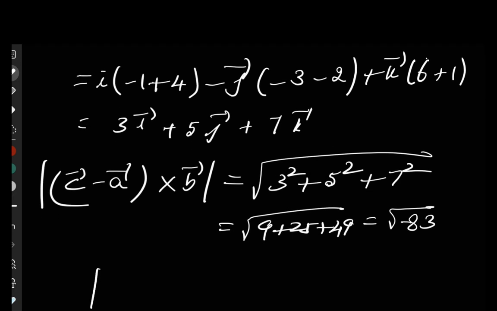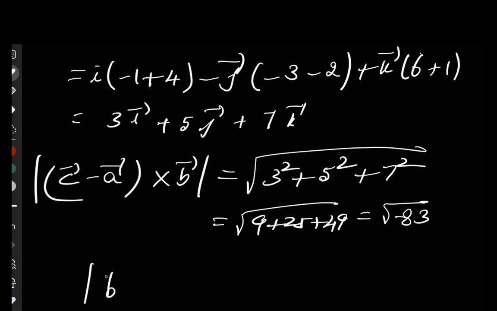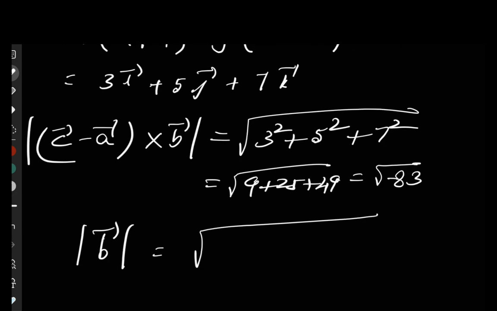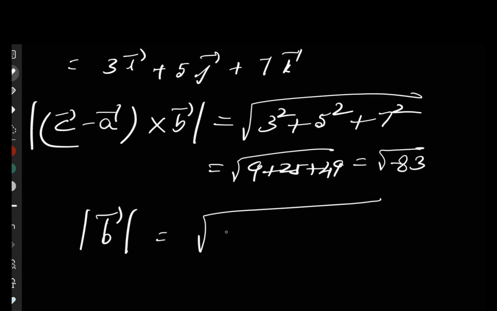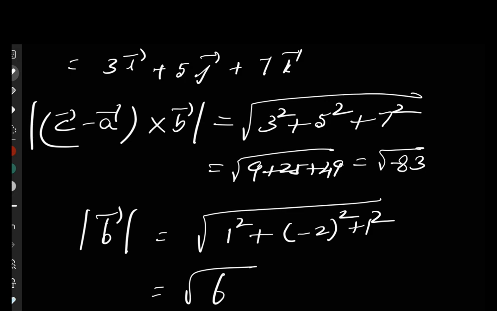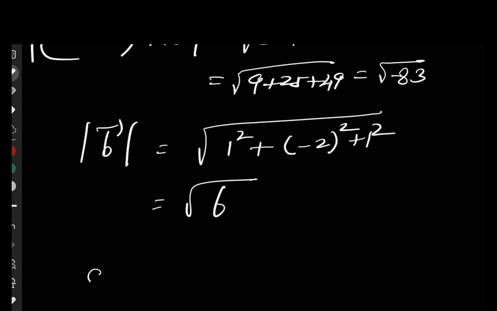Next you have to find the denominator term, modulus of vector B. Modulus of vector B is square root of 1 square plus minus 2 square plus 1 square, that is square root of 6. So what is the distance?